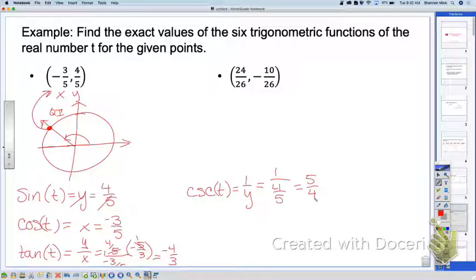What is the reciprocal of cosine? Secant. It's 1 over x, so negative 5/3. Cotangent, that goes with what? Tangent. So it's the reciprocal of tangent, so it's x over y. Now, can we just use a simplified version?